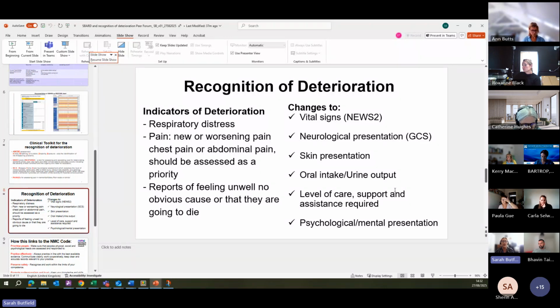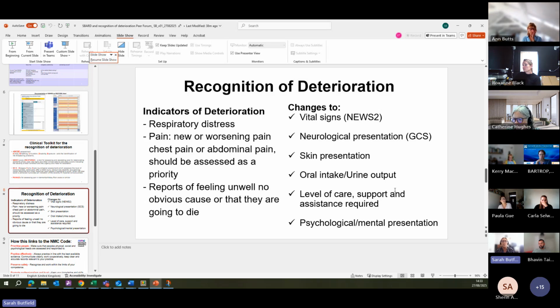If you know that you have a resident who has been over the last couple of days consuming 500 mils or less of oral fluid, they're potentially severely dehydrated, which is going to impact them. Have they got any urine output? All of this information is going to help you to build your picture of what you may or may not be dealing with.